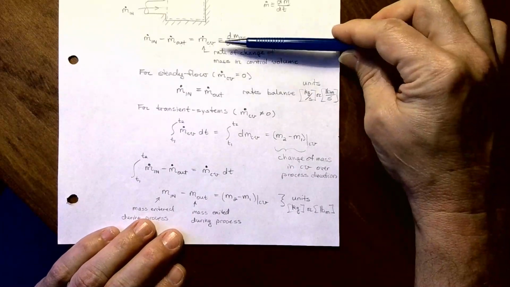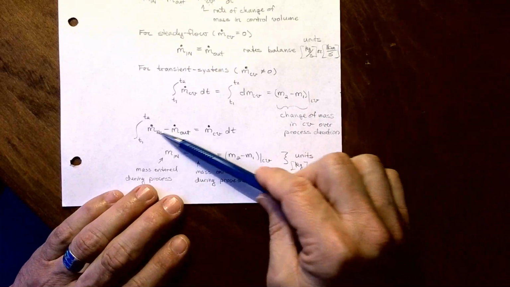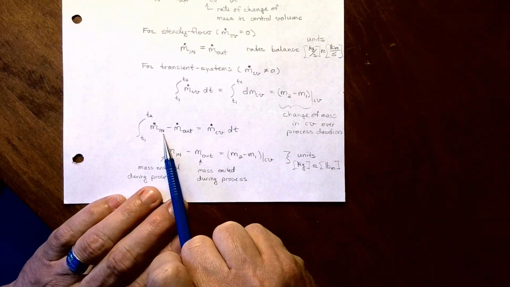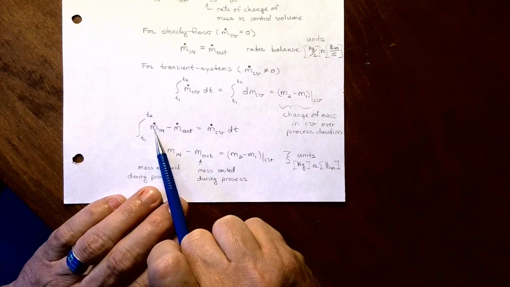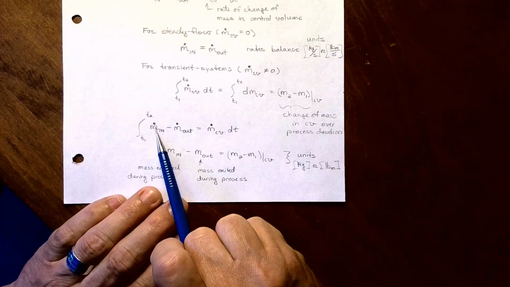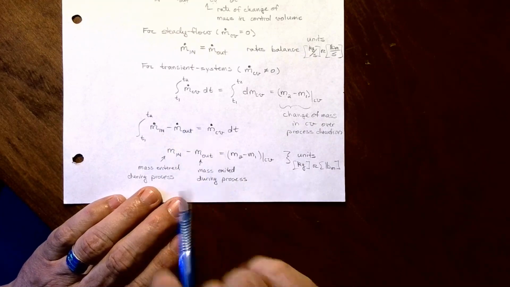We're then going to integrate the left hand side of the equation. If I integrate m dot in, this is actually dm/dt, the dt is going to cancel, so I'm integrating dm in from time 1 to 2, so I'm adding up the mass that's come in during that time.